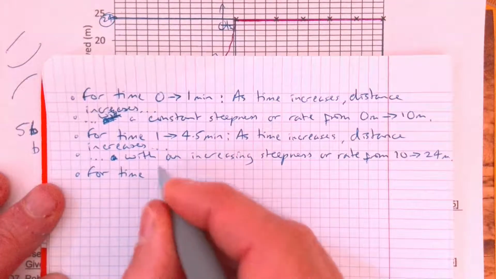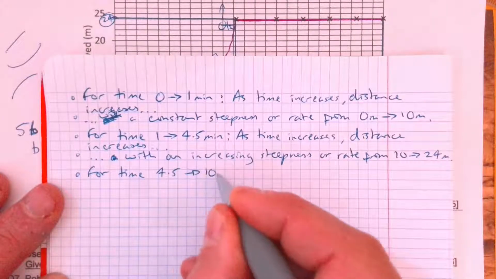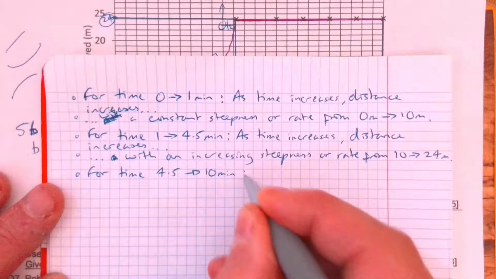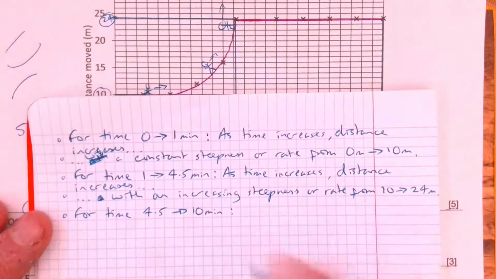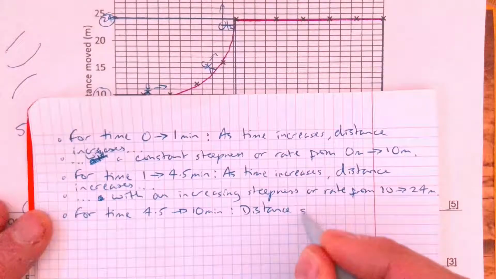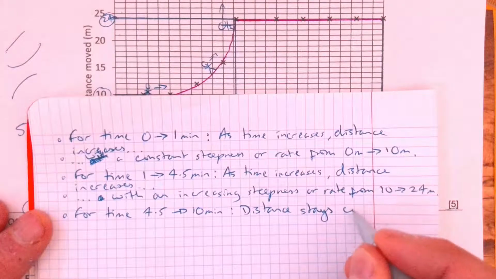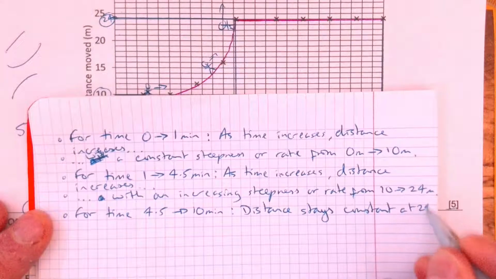So for time 4.5 to 10 minutes, distance stays constant, and I'm going to say what it is: 24 meters.